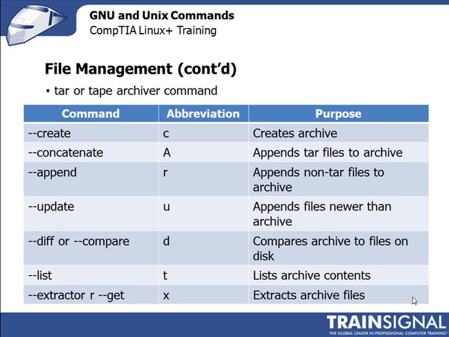--create, abbreviated with a c, creates the archive. --concatenate is abbreviated with a capital A, and that appends tar files to an existing archive. --append, abbreviated with the lowercase r, appends non-tar files to the archive. --update, abbreviated with u, appends files newer than what's in the archive. --diff or --compare, which is abbreviated with a lowercase d, compares the archive to files on the disk. --list, abbreviated by t, lists the archive contents.